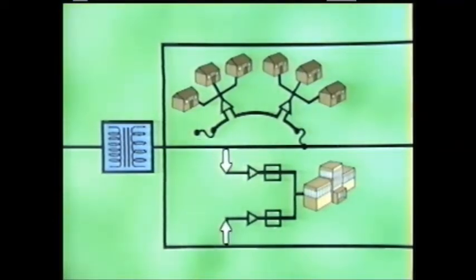Taps from two feeders run to separate distribution transformers. One transformer is connected to one feeder, and the other transformer is connected to a second feeder. The secondary side of each transformer is connected to a secondary bus. From the bus, a service drop supplies electricity to the customer, in this case a hospital.